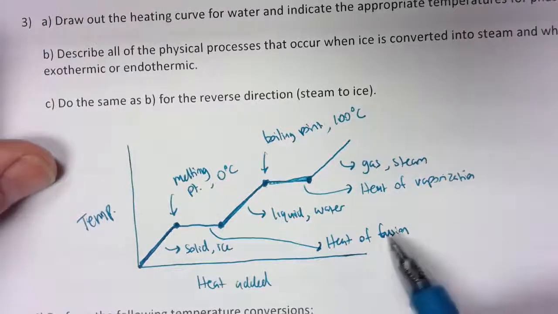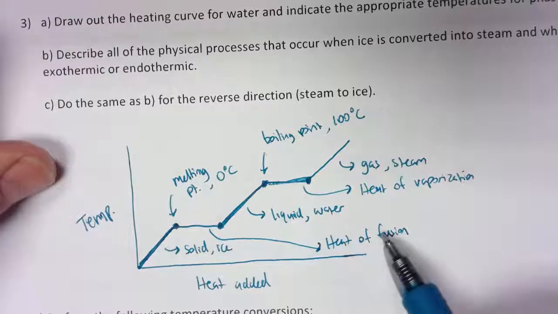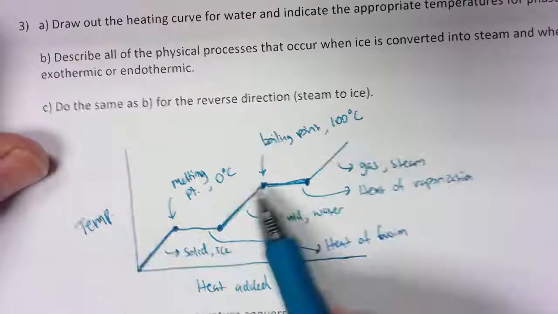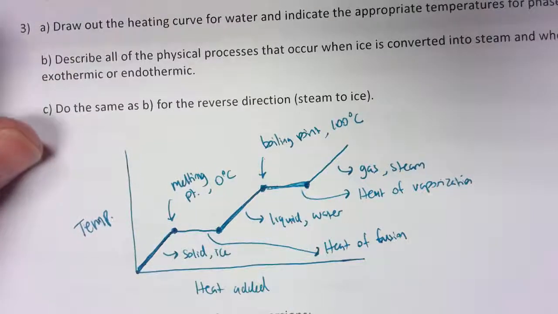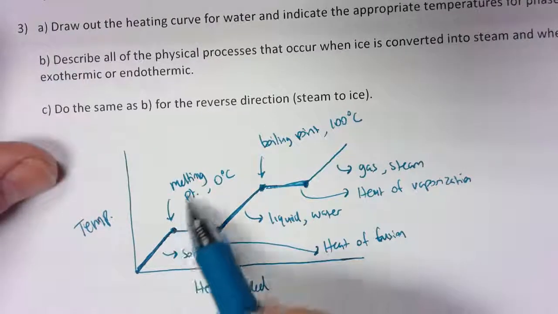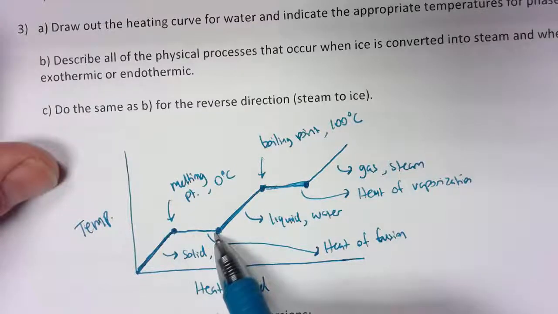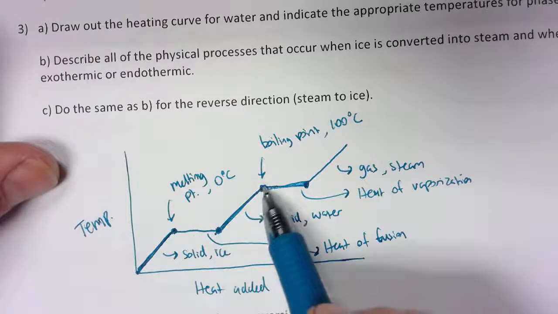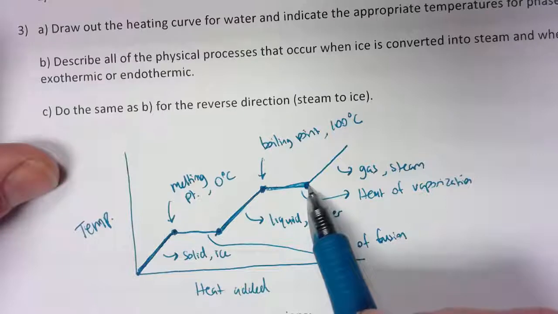We're not going to get too much into these two terms. Just suffice it to say, at these points, at 0 and at 100, the temperature doesn't change until either at 0 all of the ice is melted, or at 100 all of the water has boiled off.